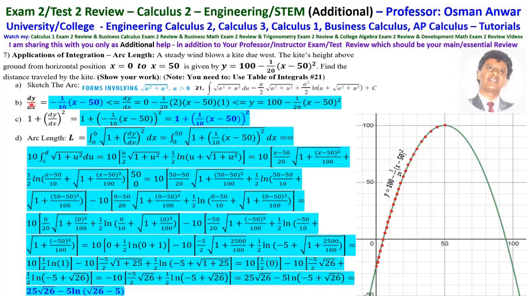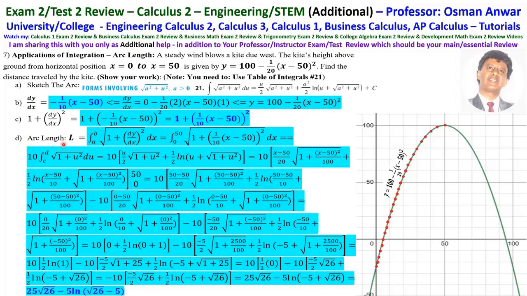So that's dy by dx. Then we need to find 1 plus (dy by dx) squared, which is 1 plus (minus 1 over 10 times (x minus 50)) all squared. When you square the negative, it becomes positive, so this is 1 plus (1 over 10 (x minus 50)) all squared.